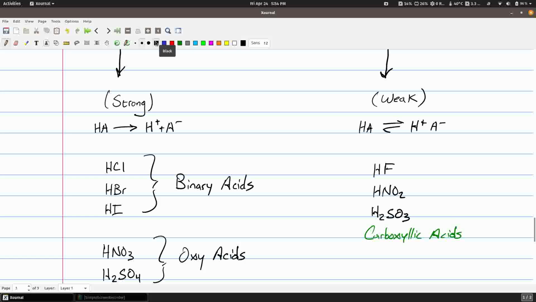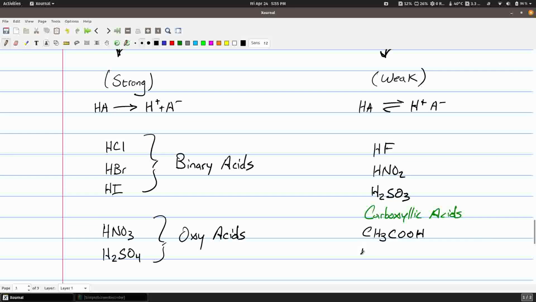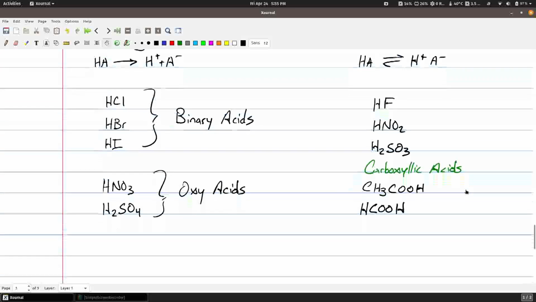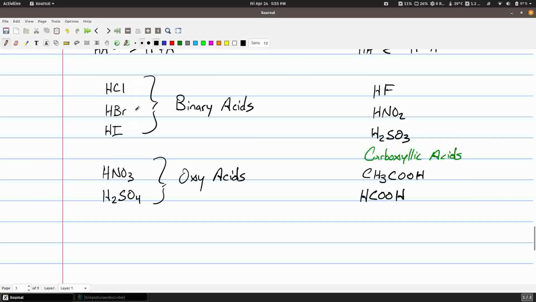Your organic acids are things like vinegar, like acetic acid, and I think this is formic acid, which is actually able to form formaldehyde. So you don't need to know the names of all these, just kind of gee whiz info for you. I expect you to know these and these two, but these don't worry about.